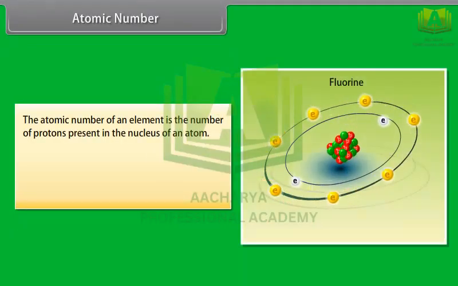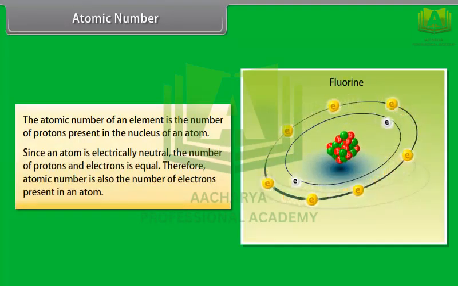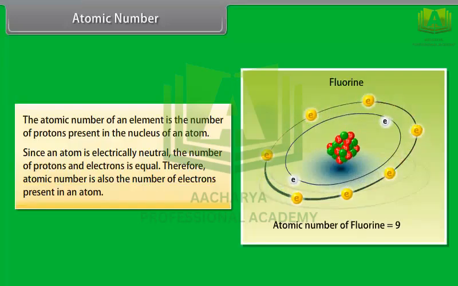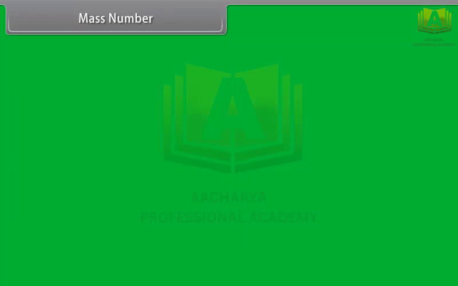Atomic number. The atomic number of an element is the number of protons present in the nucleus of an atom. Since an atom is electrically neutral, the number of protons and electrons is equal. Therefore, atomic number is also the number of electrons present in an atom. Mass number.